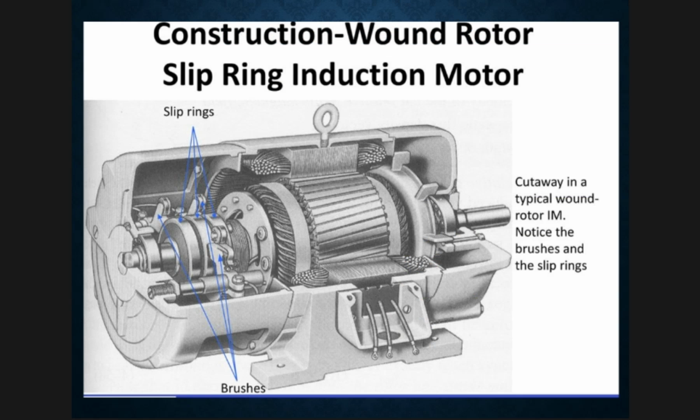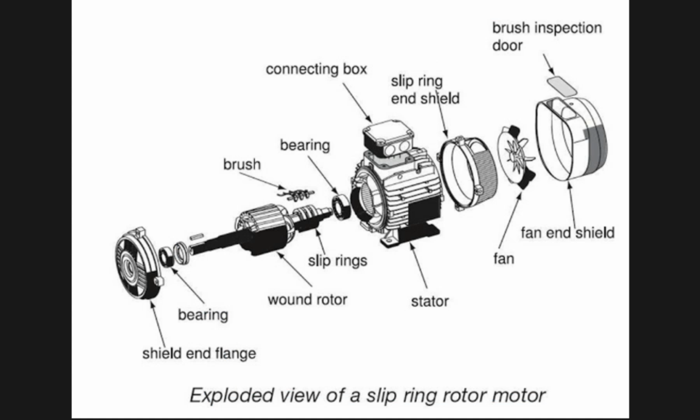So the physical construction would look like this. Here you see the 3 slip rings, to supply the rotor with 3-phase current. And here you have to use brushes. Here is an exploded view of a slip ring motor.